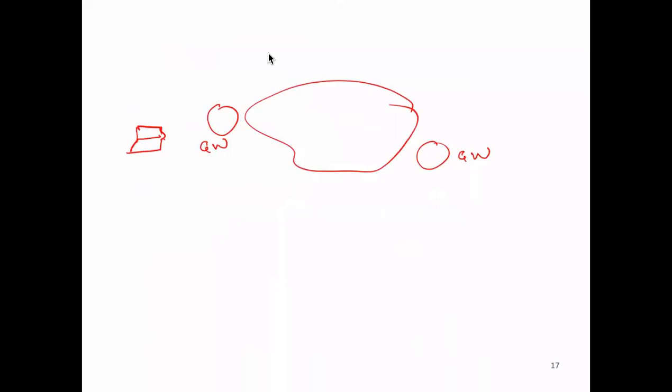Suppose you have a laptop here, and there is a gateway. Or your Wi-Fi router is working as a gateway, and there is the internet in between. This is your institute gateway, and this is your Wi-Fi router gateway.